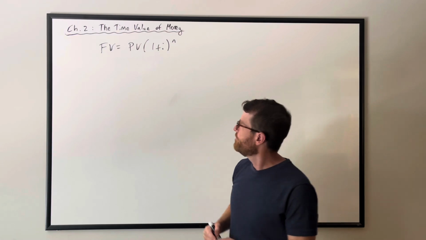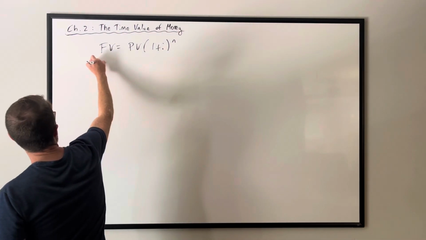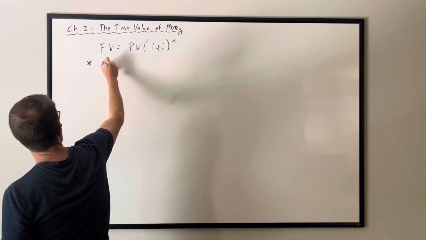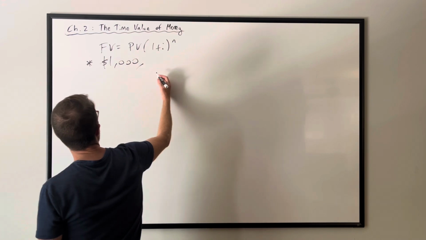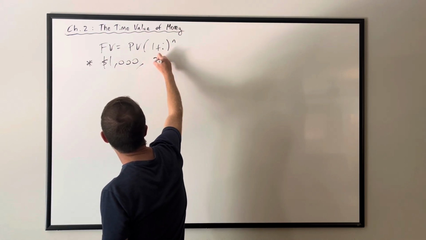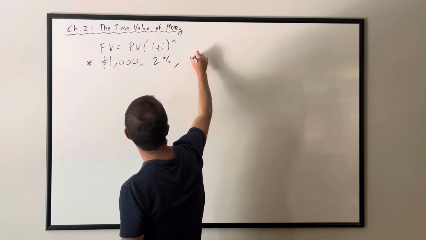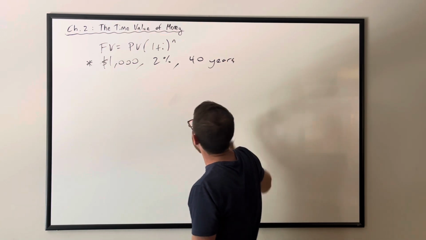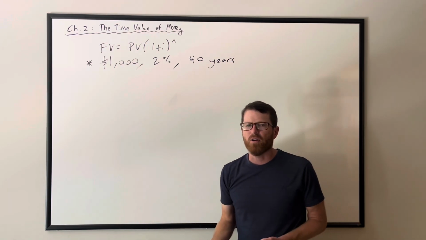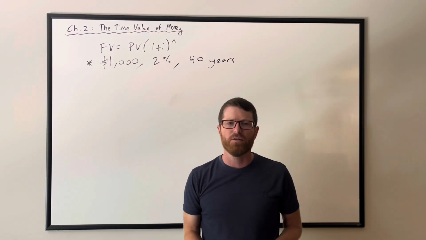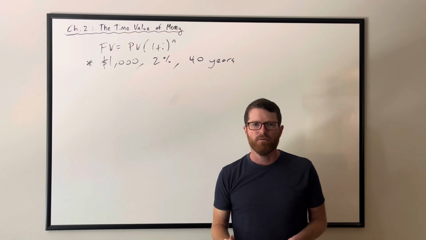So for example, I might invest $1,000 at 2% interest for 40 years. And maybe that's the kind of return I could generate in, like a savings account, a really safe investment.